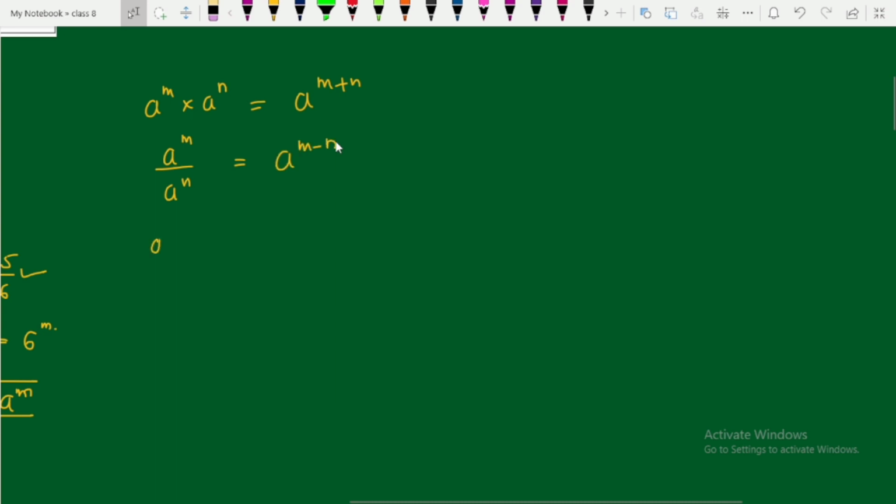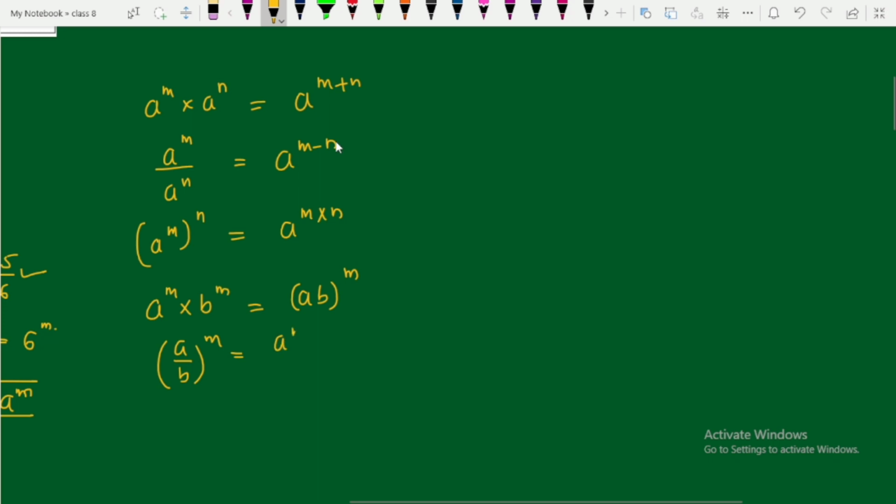And third law, a raised to m whole raised to n is equal to a raised to m into n. And next one is a raised to m and b raised to m is equal to ab whole raised to m. Yes, and next one is a upon b whole raised to m is equal to a raised to m upon b raised to m.